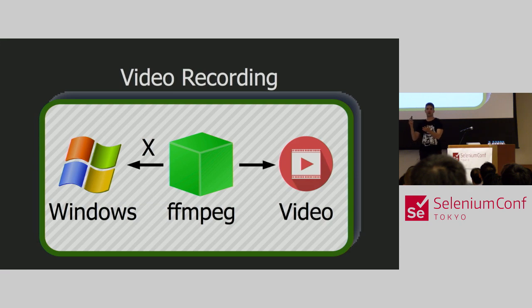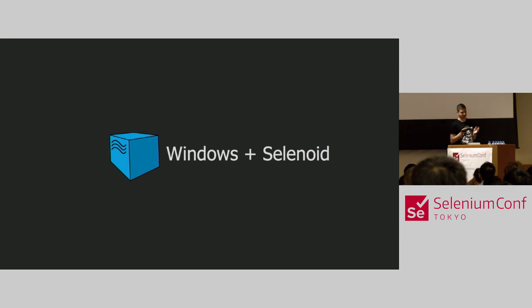This works by launching a separate container with video recording software called FFmpeg, which connects to a running browser container using the X protocol and starts to capture the entire screen contents. All these contents are saved to a file on the hard disk when your Selenium session ends. So let's now see how it works in the wild.